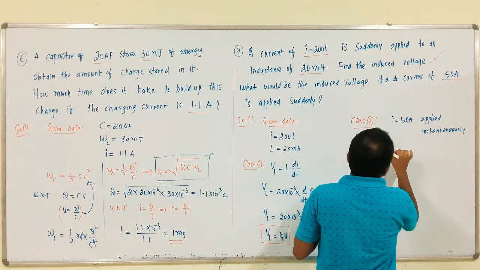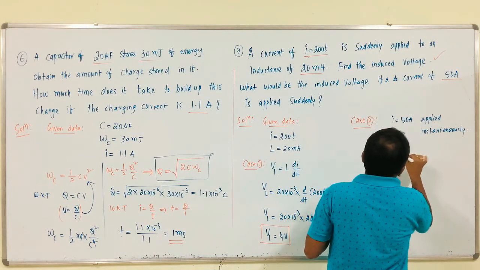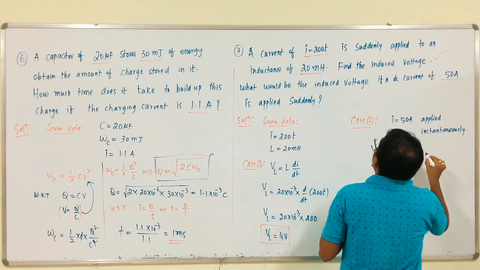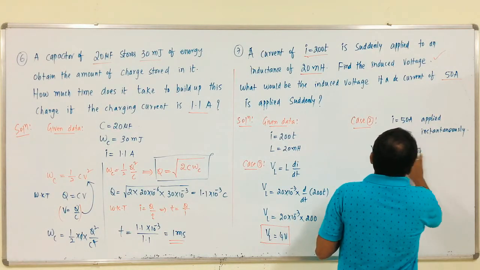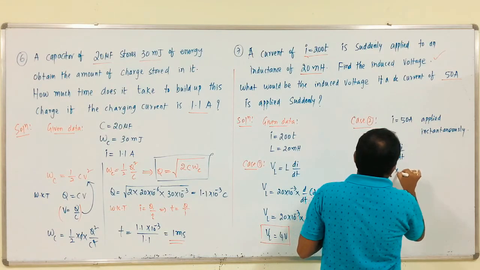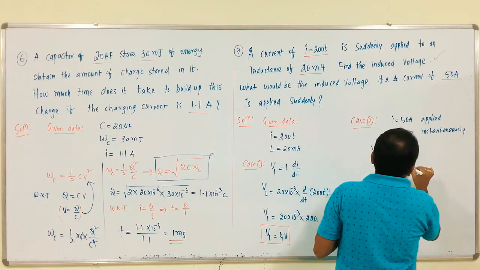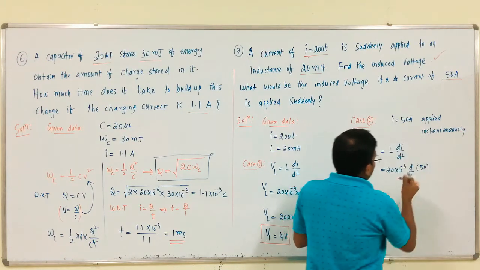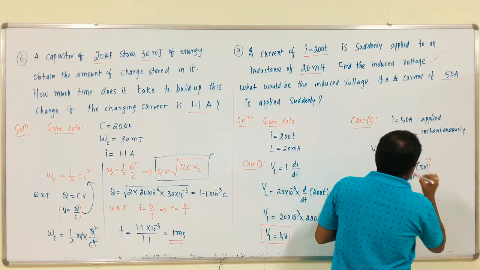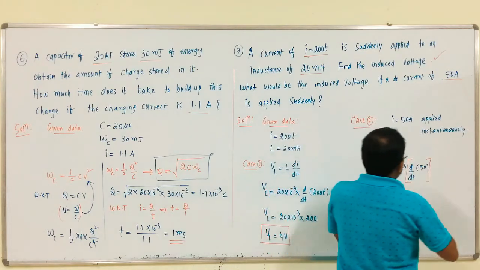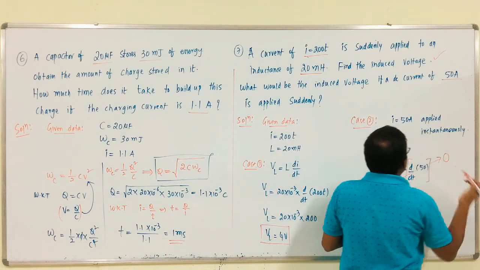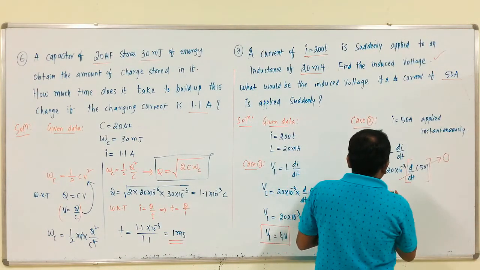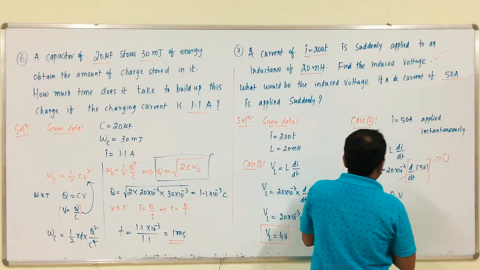V_L is equal to L into di by dt, which is equal to, what is the value of L? 20 into 10 power minus 3 into d by dt of 50. What is d by dt of 50? It should be equal to 0. So, therefore, V_L should be equal to 0 volts.